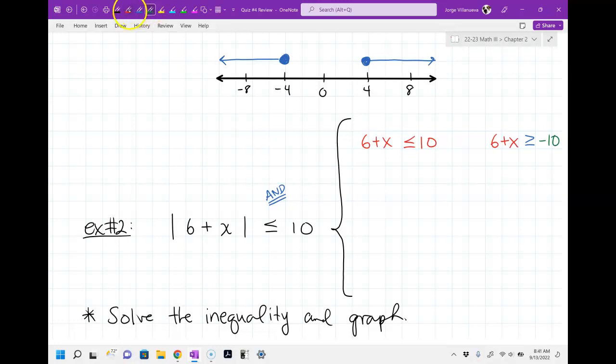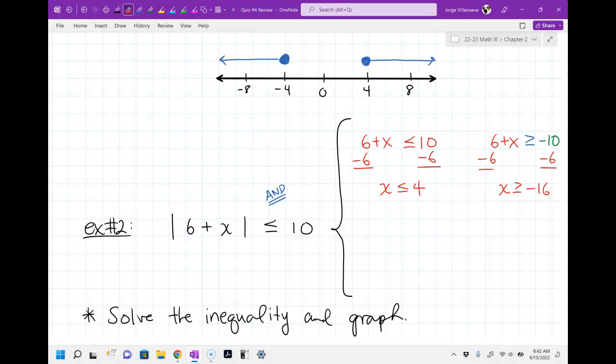Notice I'm not going to divide by a negative number, I'm just going to subtract, so I don't have to do anything in terms of switching the sign. So I get x less than or equal to 4. And for the other one, I'm going to do the same thing, subtract 6, so I get x greater than or equal to negative 16.